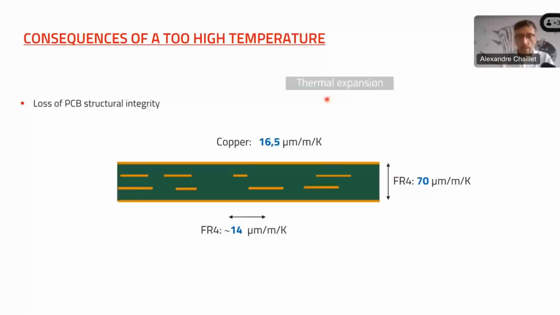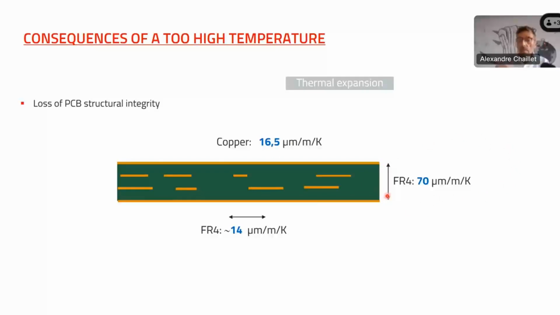Another concrete example is thermal expansion. Here you've got the thermal expansion of copper, which is 16.5 micrometers per meter per Kelvin. This is more or less the same as FR4 in that direction, but that's not the case at all in that direction.